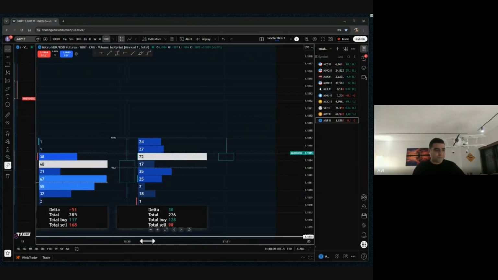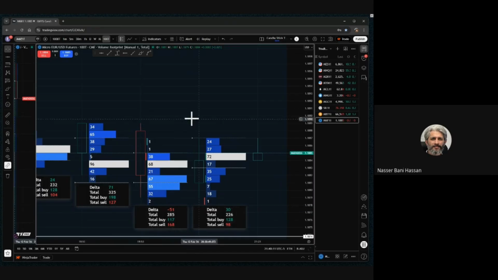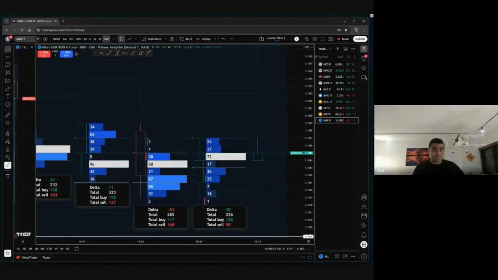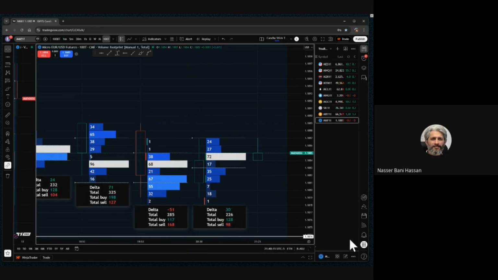If the candle closed green, then you would expect that a greater percentage of the trades are toward the higher numbers. So what other information does it give us?